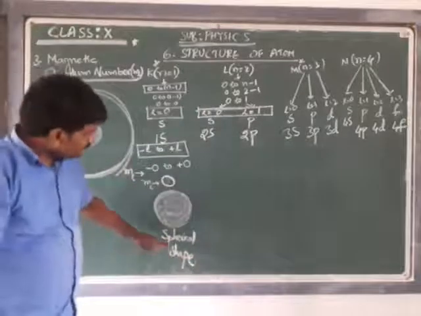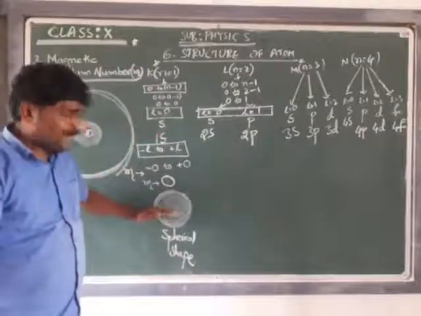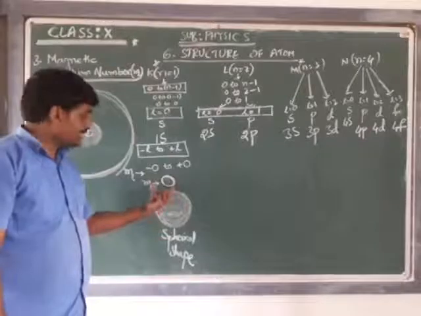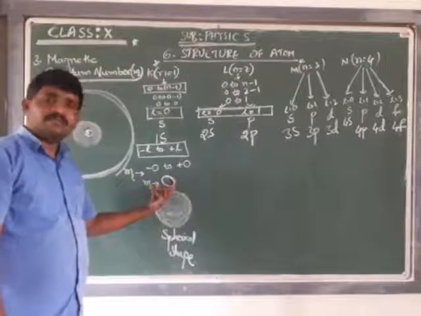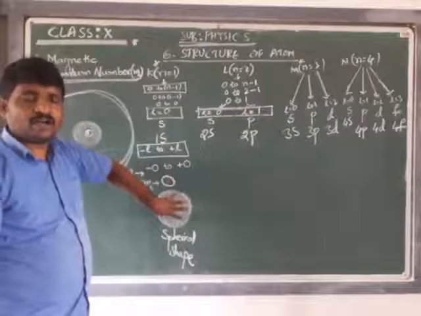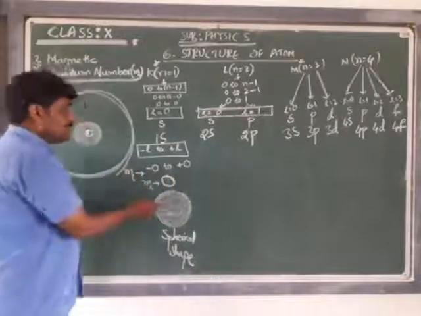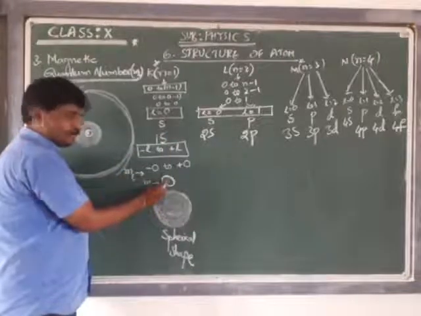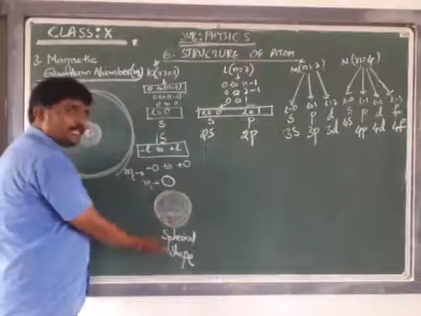We can call this spherical shape an orbital. ML value is equal to 0 for S. This reference orientation we can consider with orbitals. That means when the S orbital possesses ML equal to 0, the S orbital will be in a spherical shape.